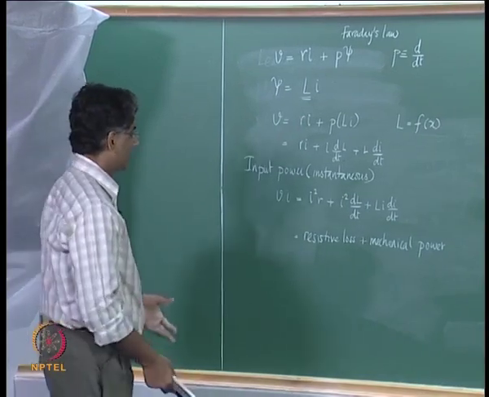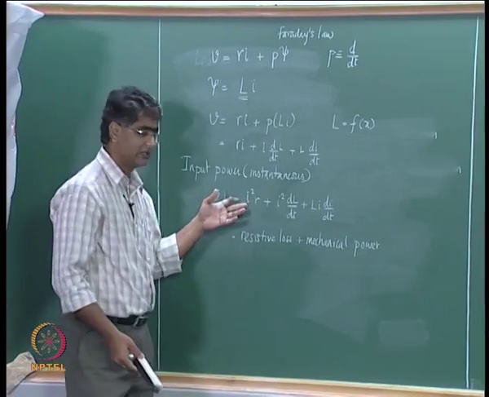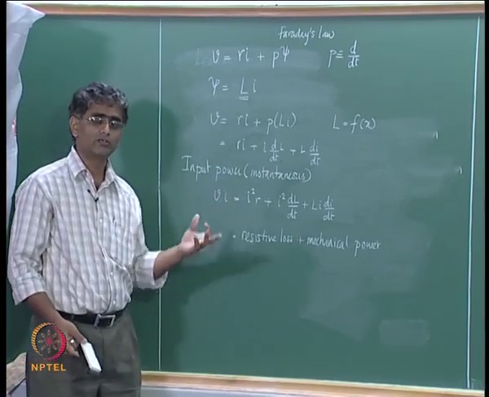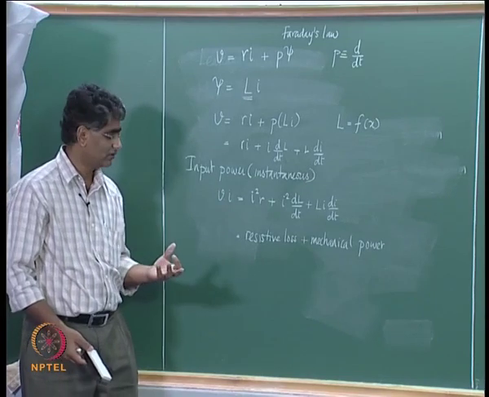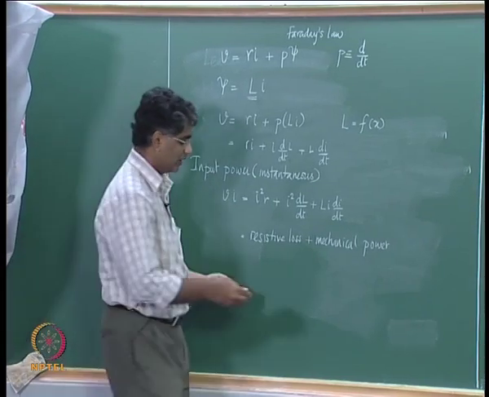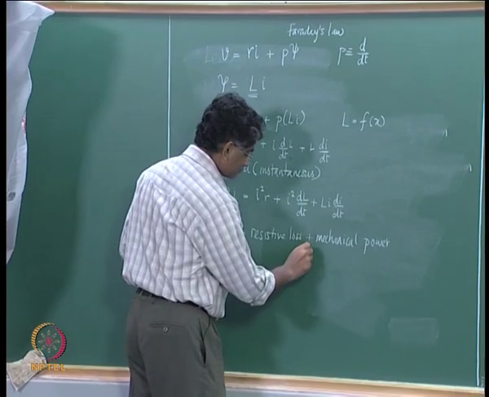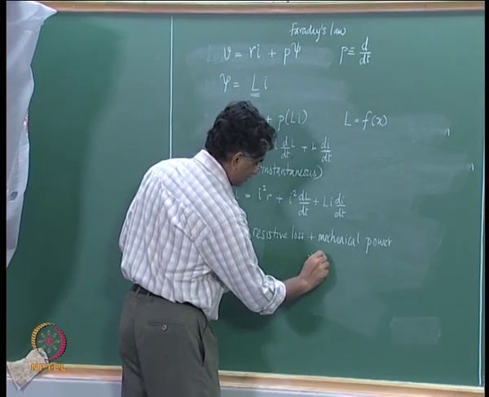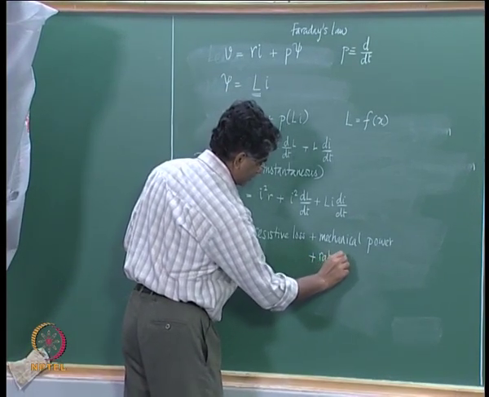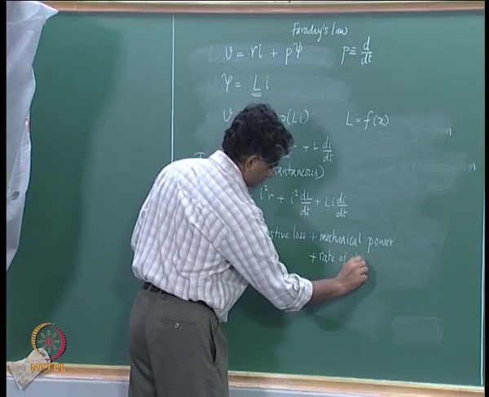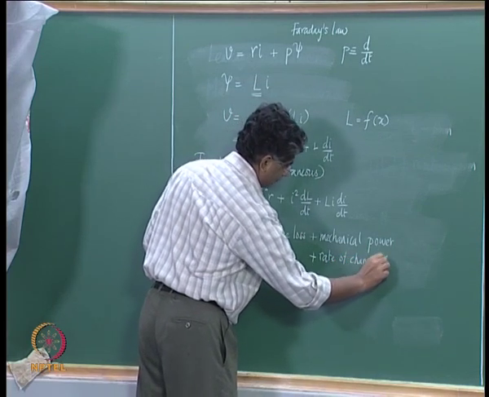Therefore, as I changes, there is a rate at which the stored energy is going to change, and that is then reflected here, that is, the rate of change of field energy.